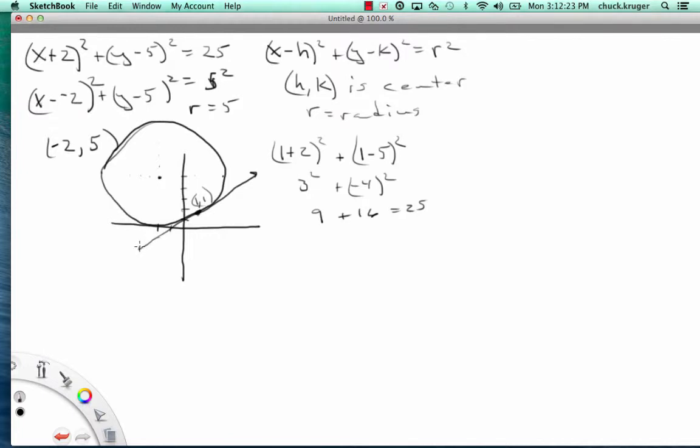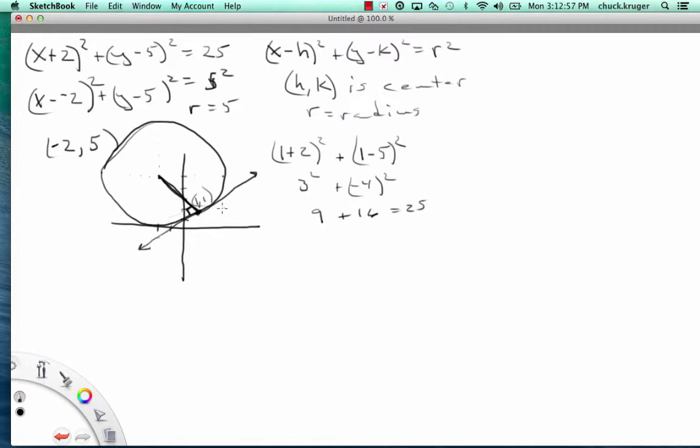Okay, and I want to know the equation of that tangent line. Well, I have a radius right here. And my drawing is very, very poor. But on a circle, what is true is that this is going to be a 90-degree angle. So this segment and this line are perpendicular to each other. So if I know the slope of this radius, I can figure out the slope of this tangent line.